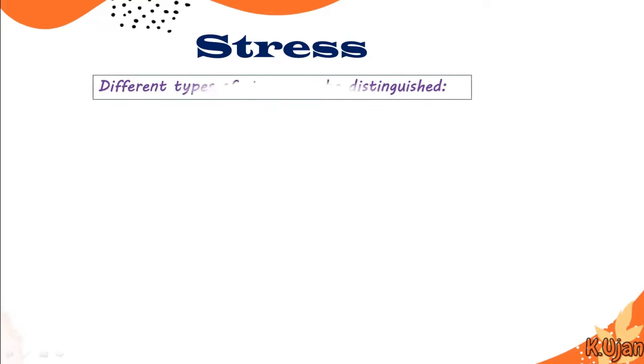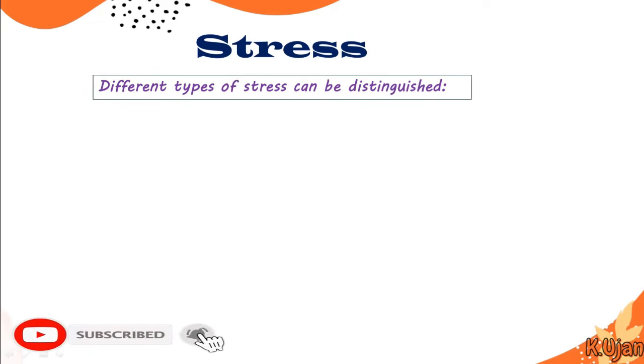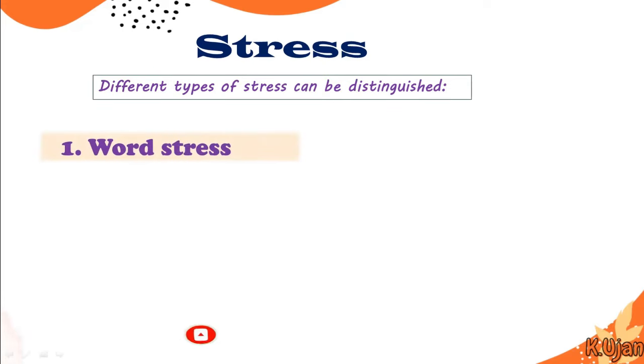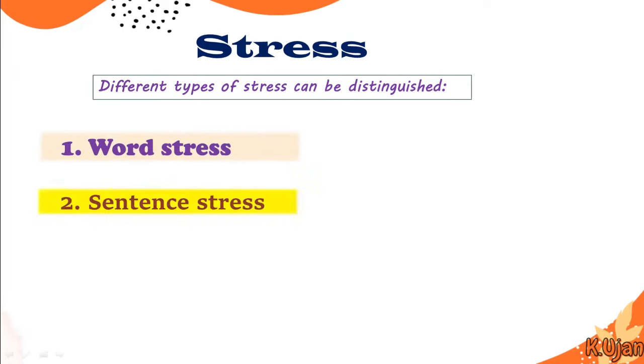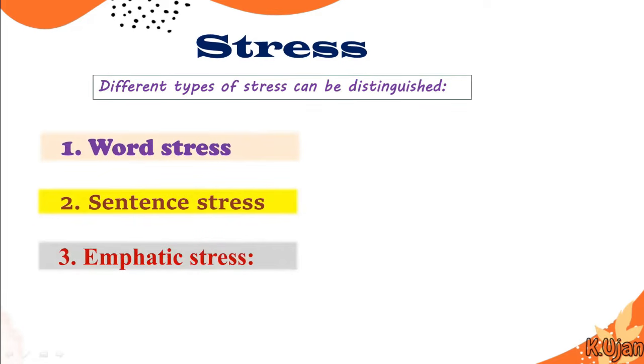Here we are going to talk about the different types of stress that can be distinguished. There are various types of stress at different levels, and that is word stress. Number two, sentence stress. Within sentences, we put stress on certain words or parts of words. And number three, emphatic stress. So these are the three types of stress.